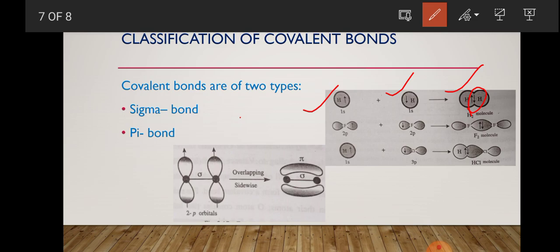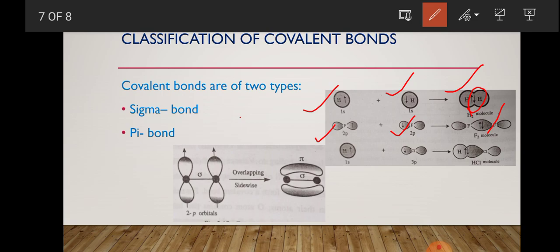On the other hand, in fluorine molecule, 2p orbital and 2p orbital overlap each other head to head and form the fluorine molecule, and the HCl molecule is formed with an sp sigma bond.